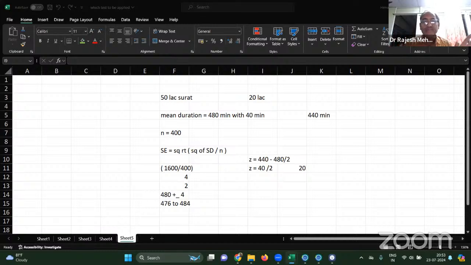That will be simple. We will be comparing between two samples, not a sample and a population. That is very simple. But the standard error of mean and standard error of proportion were dual use. Anyone?